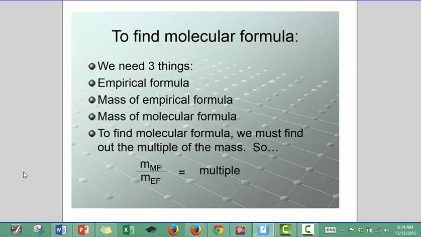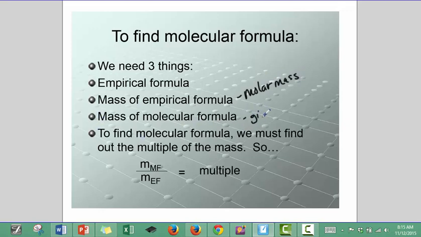So to find a molecular formula, we're going to need 3 things. We're going to need the empirical formula, and that will either be given to us or we can calculate it using what we've learned in an earlier learning target. The mass of the empirical formula, which we're going to calculate from the periodic table, that's just molar mass. And we need the mass of the molecular formula, which will be given in the problem.